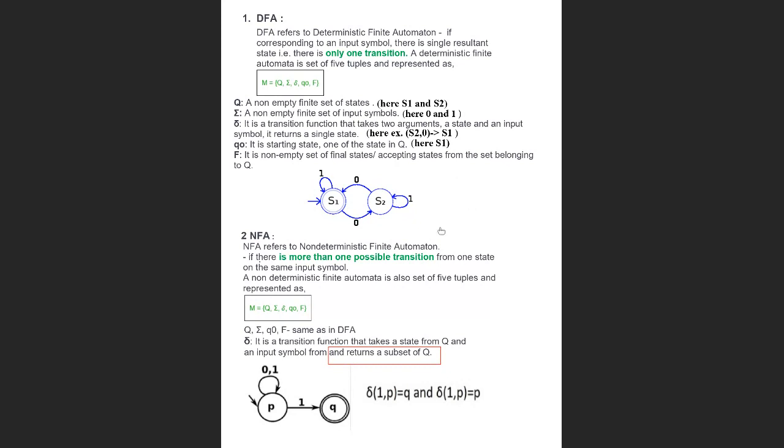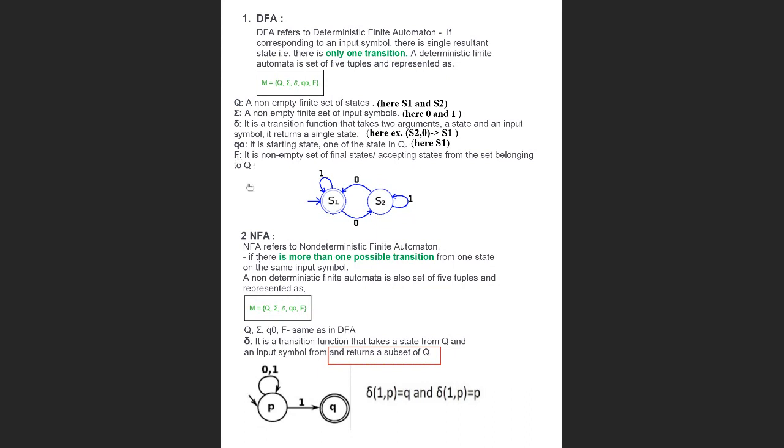Here, for instance, if you take the state S2 and you supply input 0, you obtain state 1. Or you may have state 1 and input 0, and then the output is state S2. Q0 is a starting state.